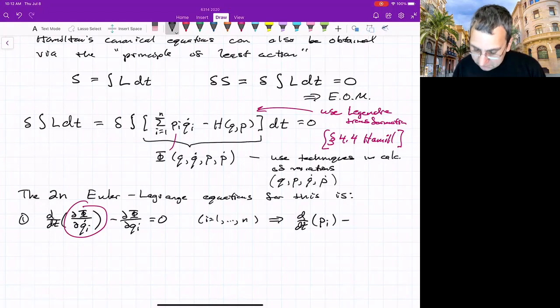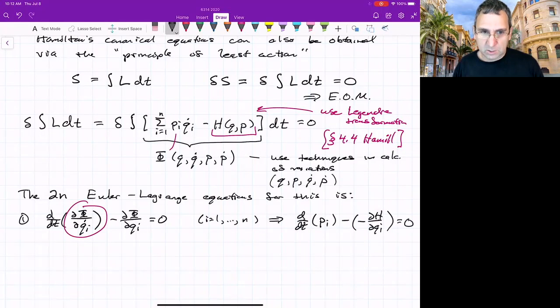Where is the explicit dependence on q_i? It's only in H. So this is minus partial H partial q_i equals 0. That's only half of the Euler-Lagrange equations. We'll write the other half next, but this is what we get.